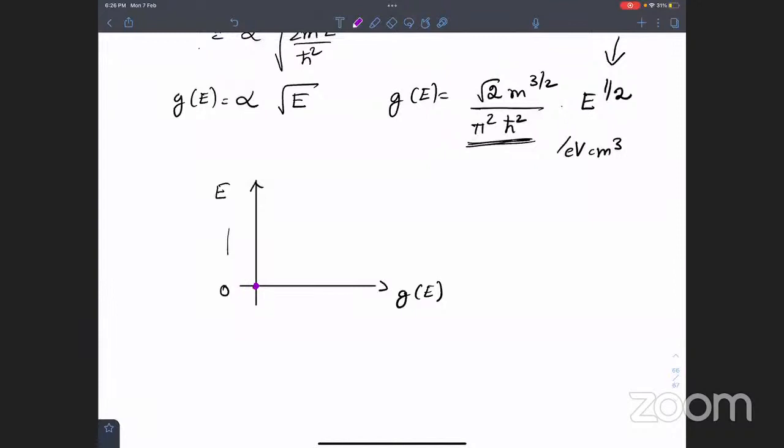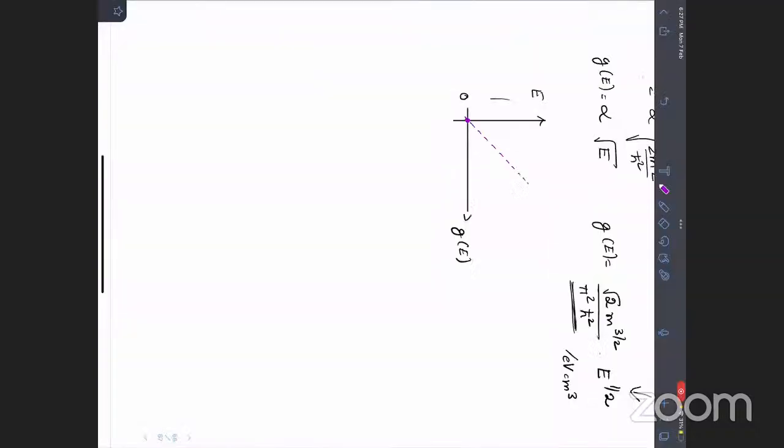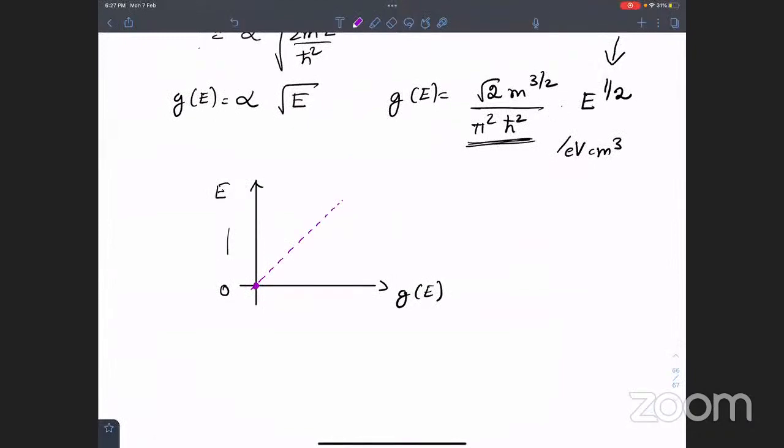If I draw this curve, a straight line would be proportional to E, but this distribution is going to be less than a straight line, because it's root of something. So it's going to go something like that.